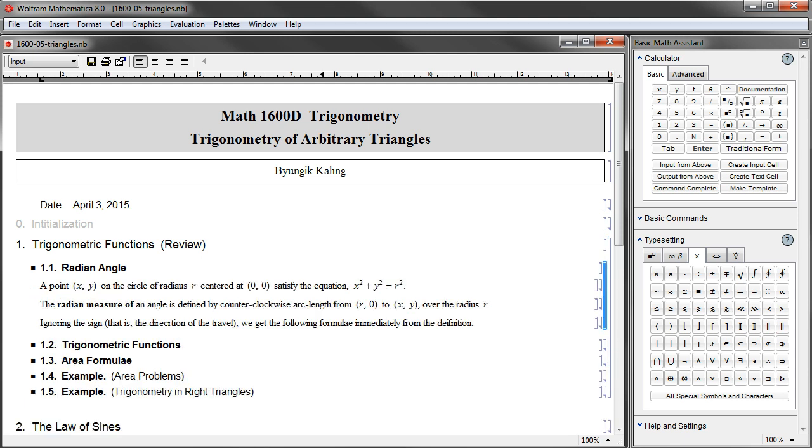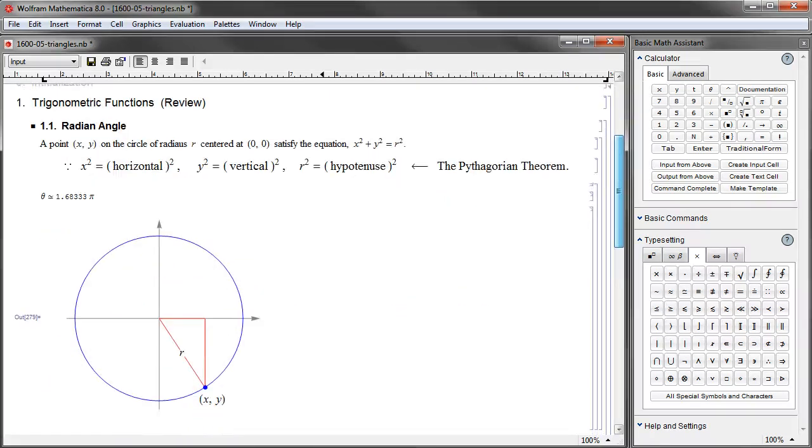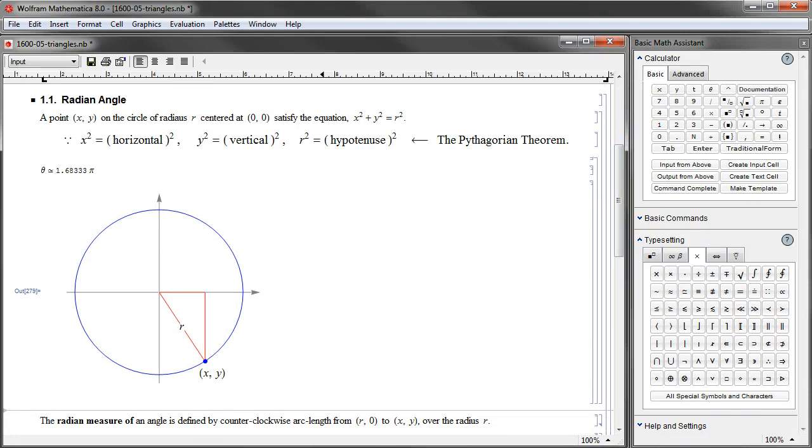recap. Here we go. Well, let's begin with an equation of a circle. x squared plus y squared is equal to r squared. That's an equation of a circle, a circle with radius r centered at the origin (0, 0). As you can see, we can inscribe a right triangle, and consequently, we have the Pythagorean theorem.